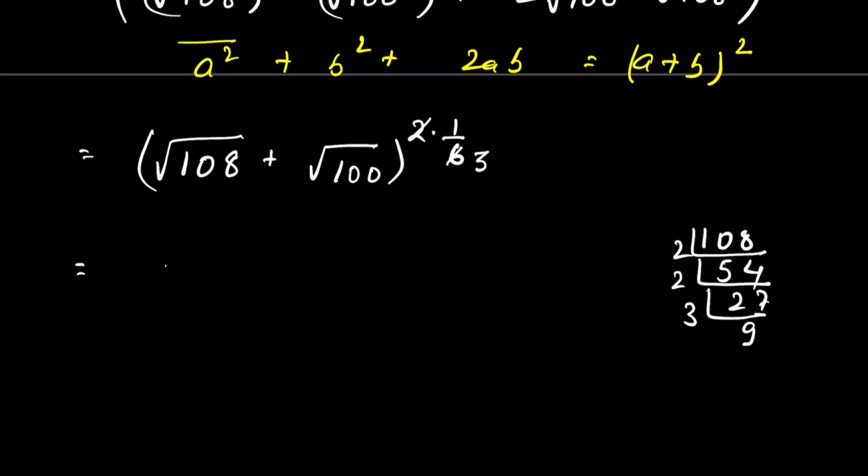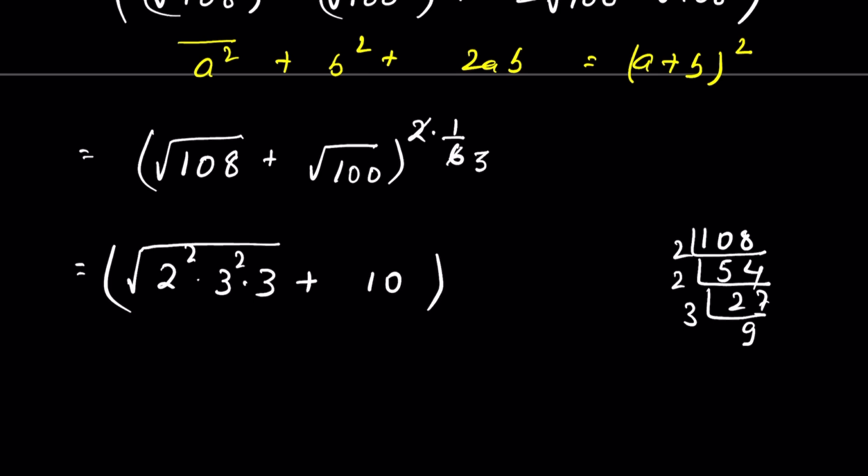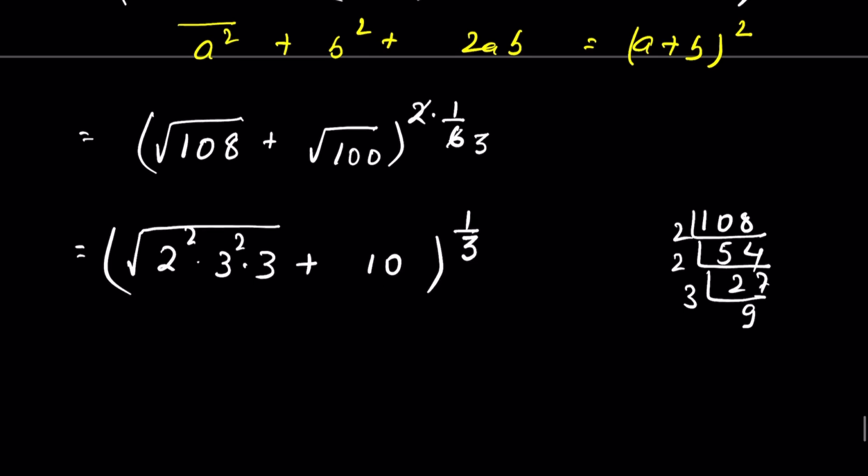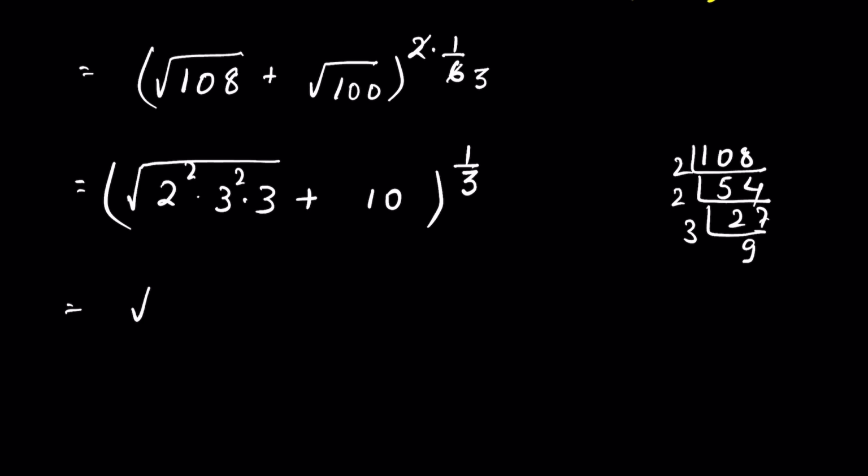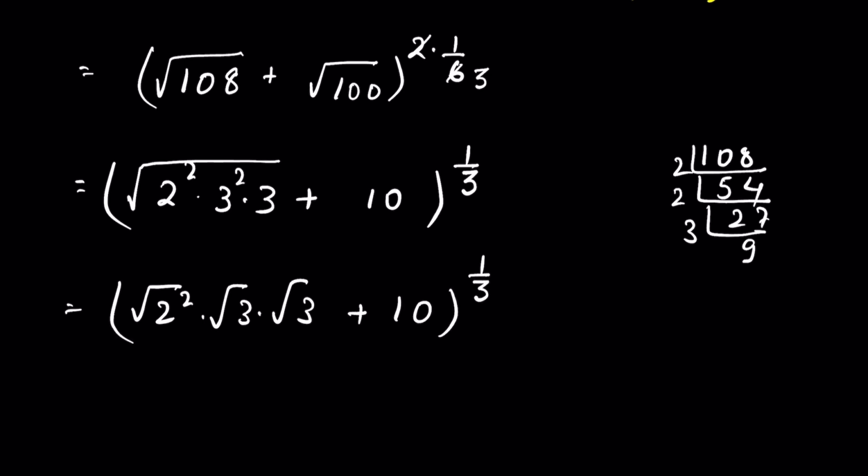So this is 2 square times 9 is 3 square times 3 under square root, plus 100 under square root is equal to 10, then all raised to the power of 1 upon 3. Now this is square root of 2 square times square root of 3 square times square root of 3 plus 10 whole raised to the power of 1 upon 3.